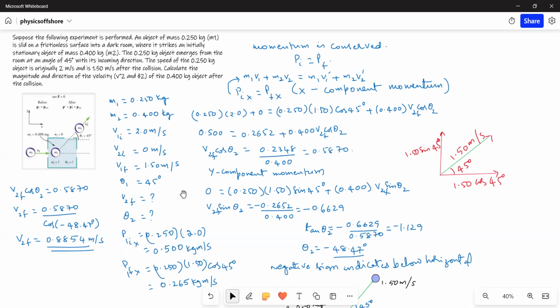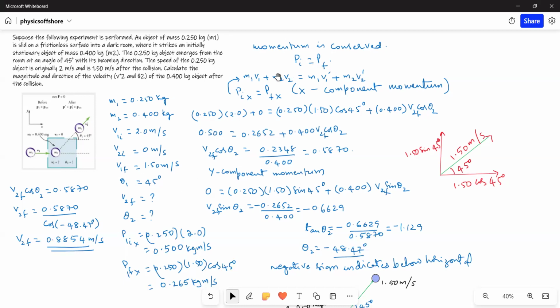So this is a collision. We don't know whether it is an elastic or inelastic collision, but whatever the collision, the momentum is conserved. Therefore, initial momentum is equal to final momentum, or sigma P is equal to 0.